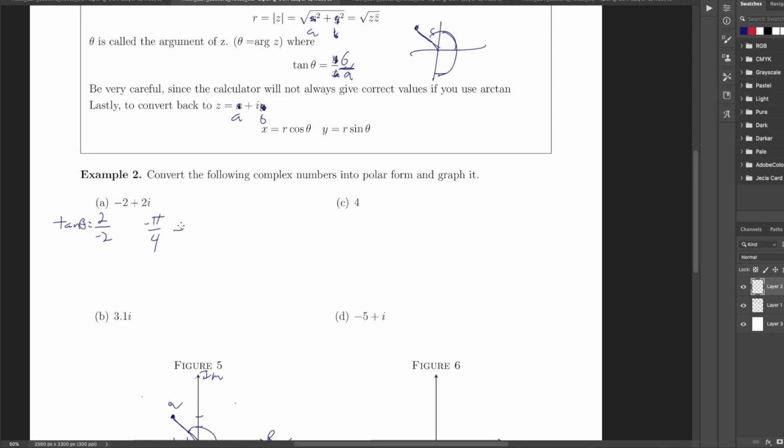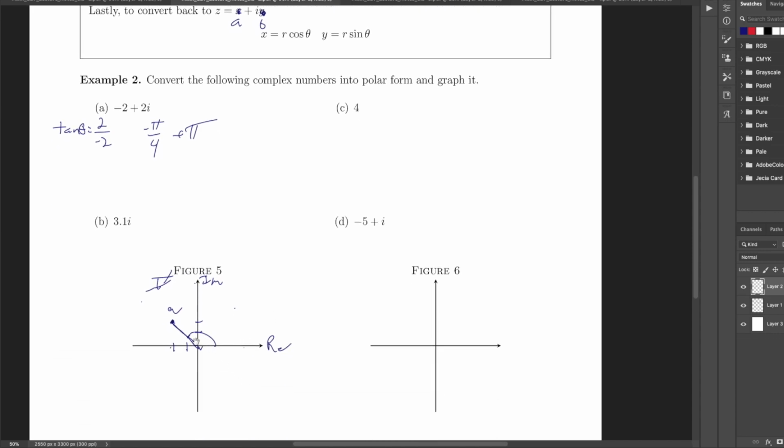And then from this, you're going to have to add a pi to get the correct angle, because we want to be in quadrant 2. Notice when I took the arctangent, I ended up here, but I want to be here. So we need to add pi to it.